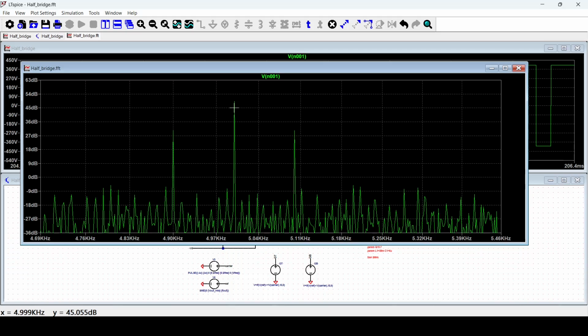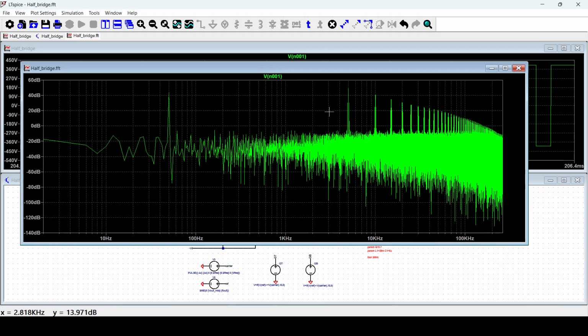This is from the theory of the inverter, and also from the symmetry of the waveform. So we've got a big spike at around 50 dB at 5 kHz. And then the other one will be at 10 kHz, which is a multiple, at 15 kHz, 20 kHz. Of course, the amplitude is decreasing. And so this is the harmonic content of this inverter topology.